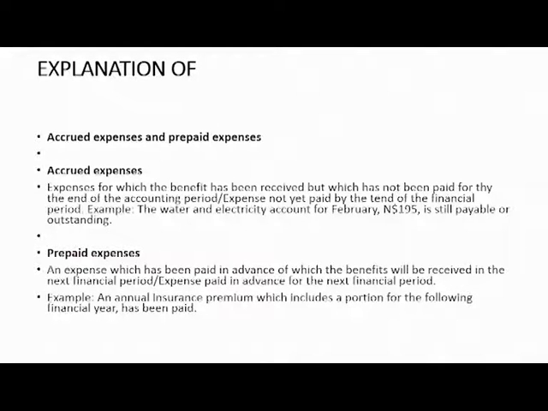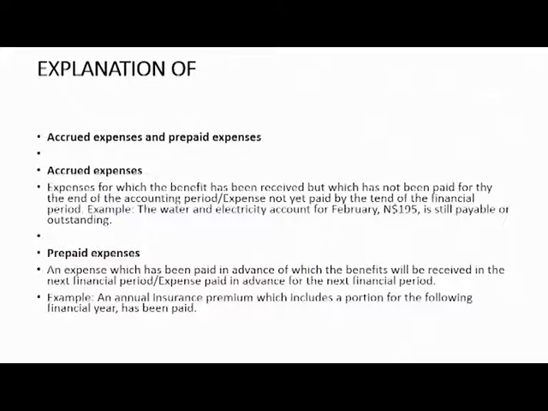Okay, explanation of accrued expenses and prepaid expenses. I have examples here. What is an accrued expense? Accrued expense, this is a liability. Why? It's because these are expenses for which the benefit has been received but which have not yet been paid by the end of the accounting period. Expenses not yet paid by the end of the financial period. For example, we have a water and electricity bill of 195 which is still outstanding, still not yet paid.